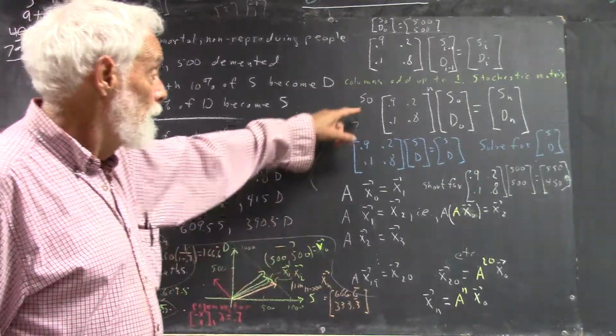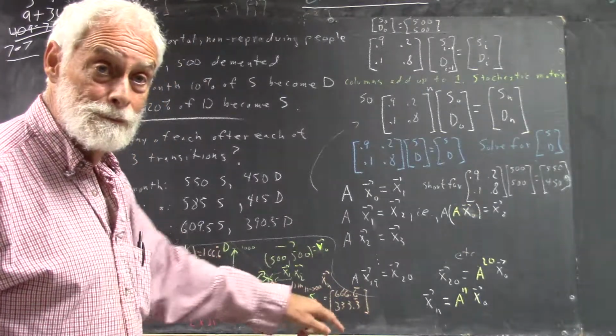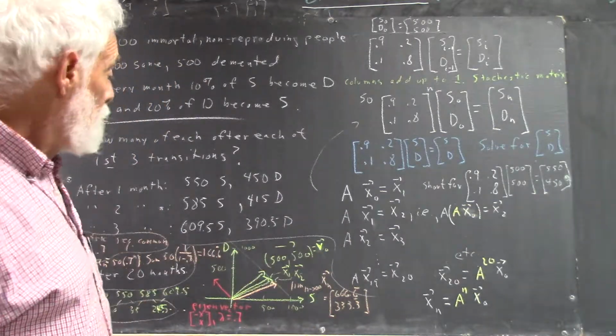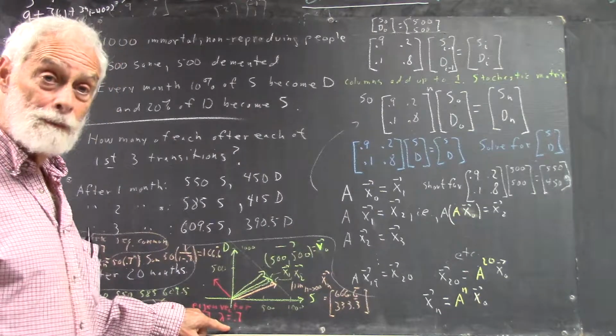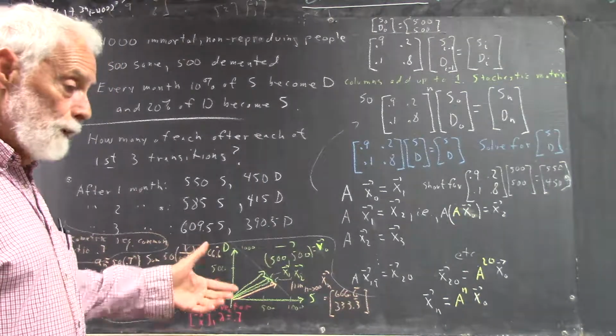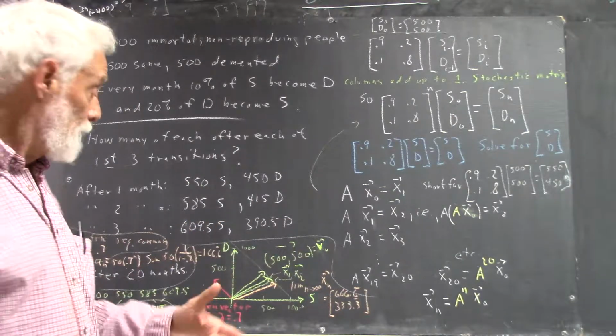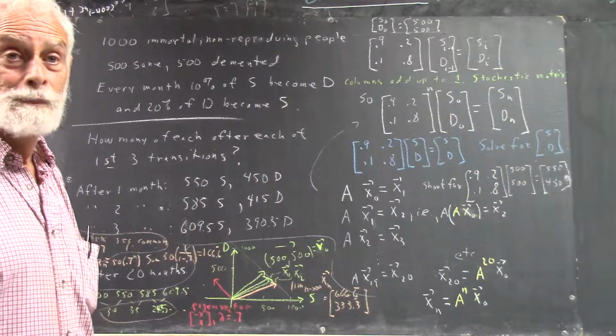So if you multiply this matrix by this vector, you get this vector. Okay. Now the other eigenvalue was 0.7. You see that here, lambda equals 0.7. And if you work it out, the components of that vector are identical, except one's negative and one's positive.